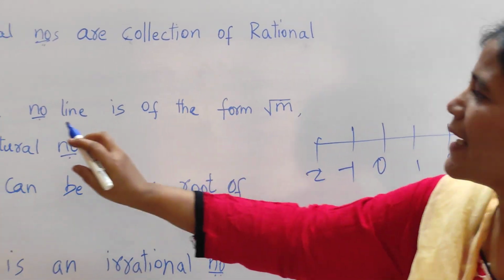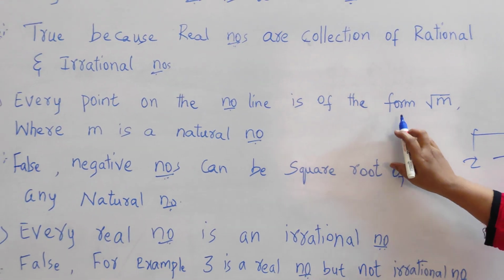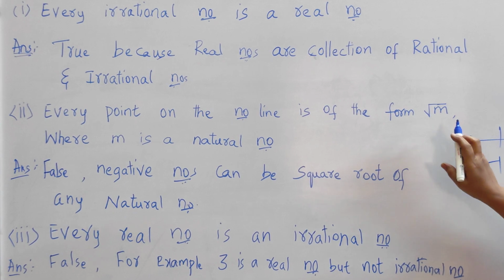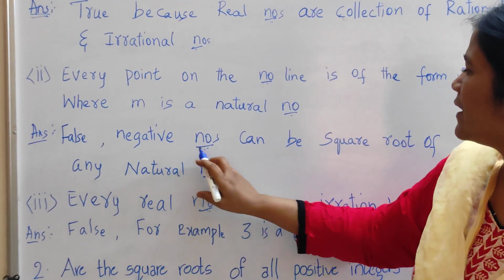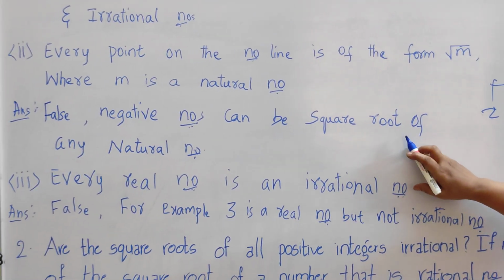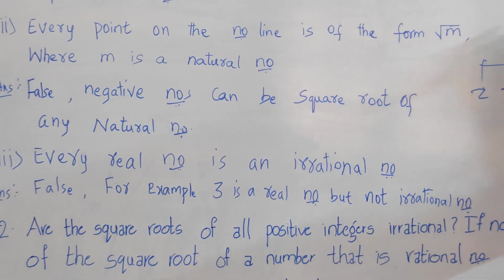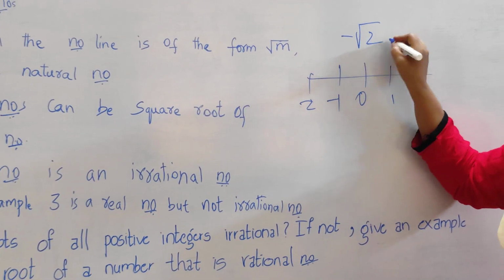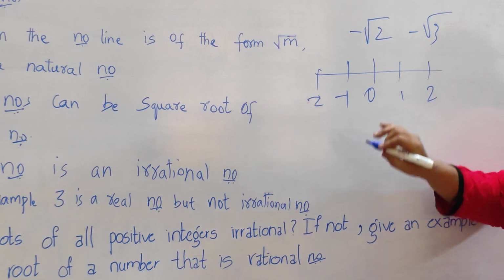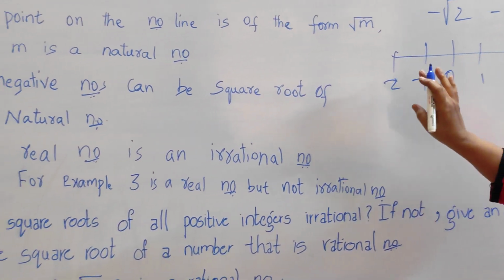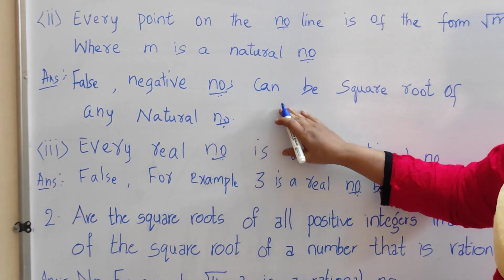But it is saying every point on the number line is of the form root n. So we cannot say it is always true, because negative numbers cannot be the square root of any natural number. We don't have negative root 2, negative root 3. Do we have? No, these are imaginary numbers. So we say that statement is false.